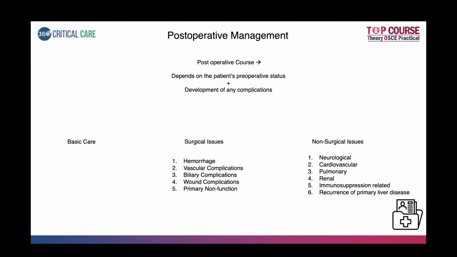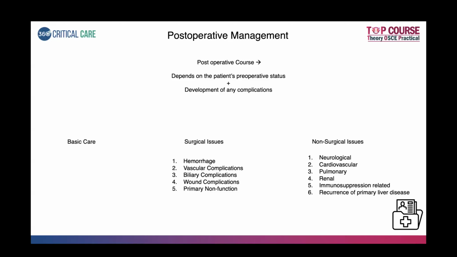Coming to the post-operative management, you can classify it into 3 parts: basic care, surgical issues, and non-surgical issues. Whenever you see a patient post-transplant, you always have to look for surgical and non-surgical complications.